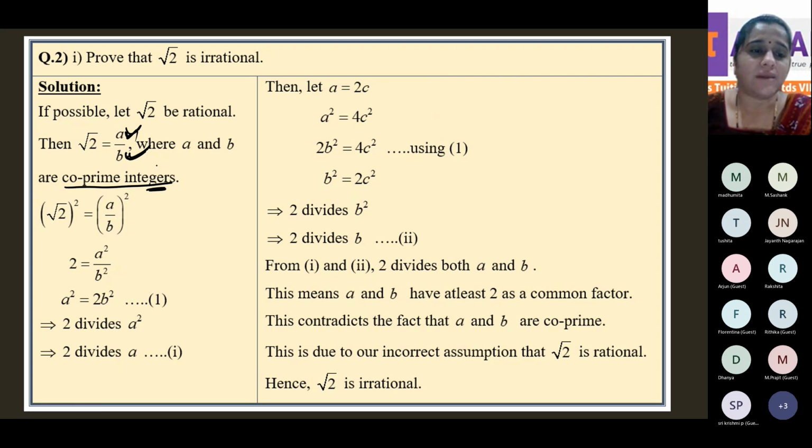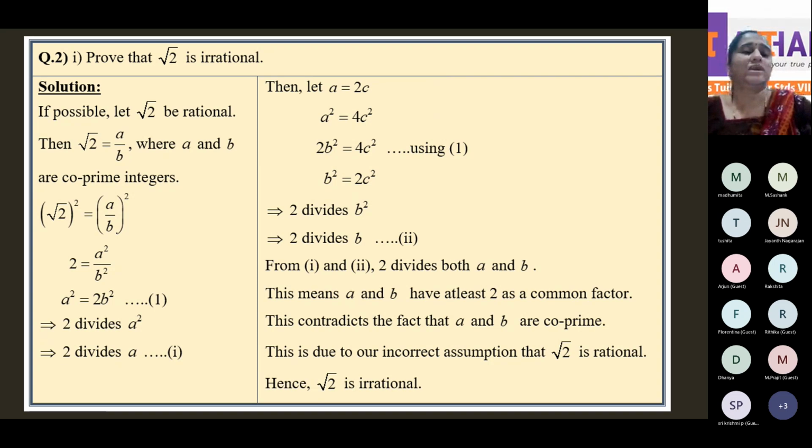And b cannot be 0, because when you're saying co-prime integers, the HCF is 1. So the denominator b cannot be 0. When you say a and b, where a and b are co-prime integers, everything is included. They are integers. They are in the simplest form.